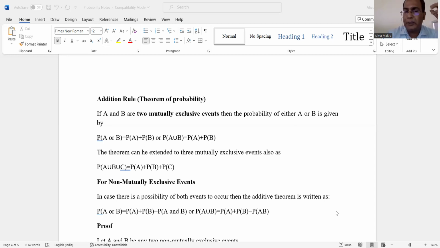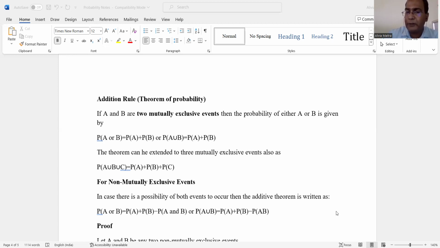In the same way, we can extend this theorem to two or more events, like 3 events, 4 events, and so on. If there are 3 events, then P(A union B union C) equals P(A) plus P(B) plus P(C).